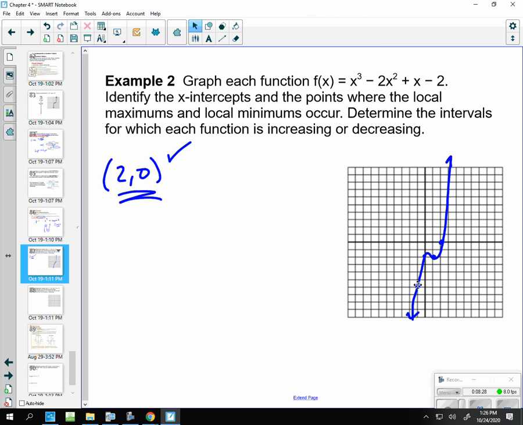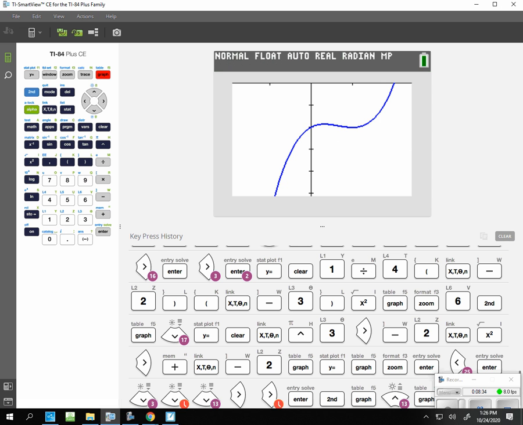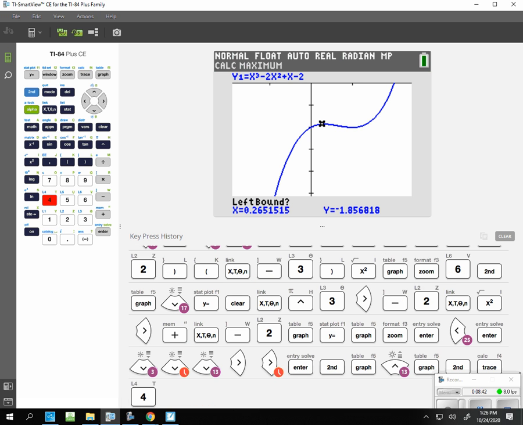So graphing calculator now. Let's start with local maximum and local minimums. On my graph, and remember I zoomed in, I want to hit second, calculate, maximum. And again, they want a left bound and a right bound. What that means is you move the arrow to the left of where you think the max is and hit enter, and then you move the arrow to the right of where you think the max is and hit enter.